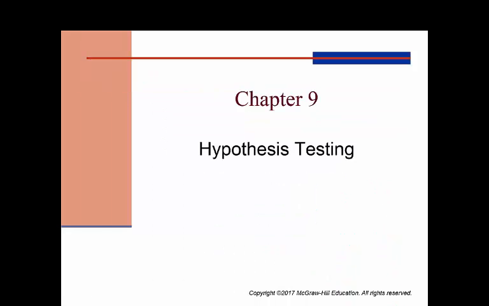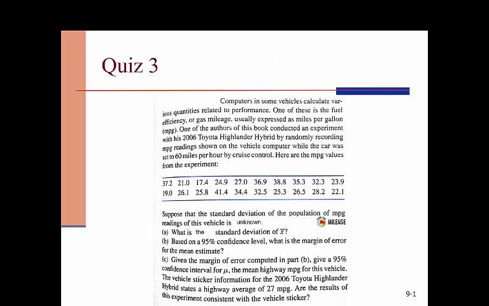In this chapter we're going to cover hypothesis testing. What do we mean by hypothesis testing? If you go back to the previous question that we just did for quiz 3, you see at the end we had a hypothesis about whether the average miles per gallon of all Toyota Highlanders was 27 miles per gallon or not.